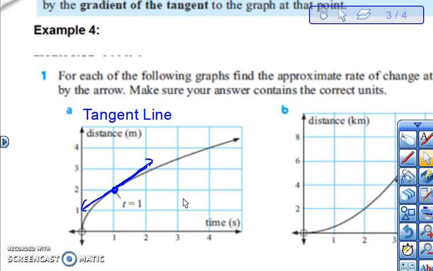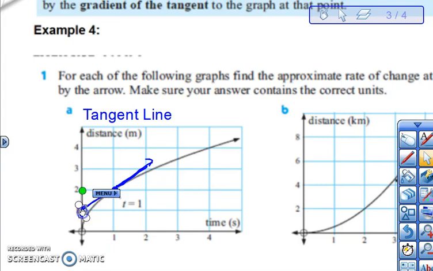We are simply saying that the line touches the curve at exactly one spot, as opposed to passing through the curve that we saw with the average rate of change. So anyway, we have our tangent line. We can use this tangent line to approximate the rate of change of the original curve at the spot we were looking at.